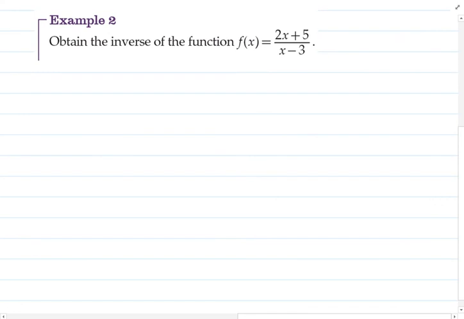Right, question 2, obtain the inverse. So let's swap f of x with x, and let's swap our x with our inverse sign. And we'll do the same underneath.